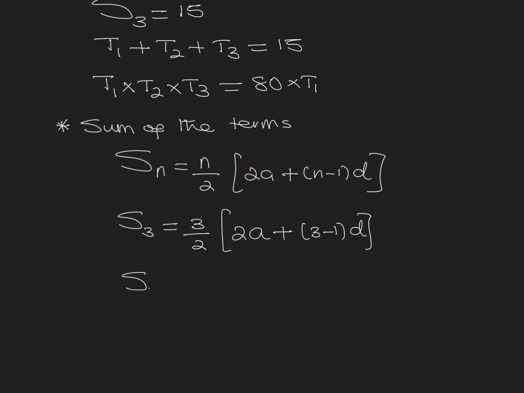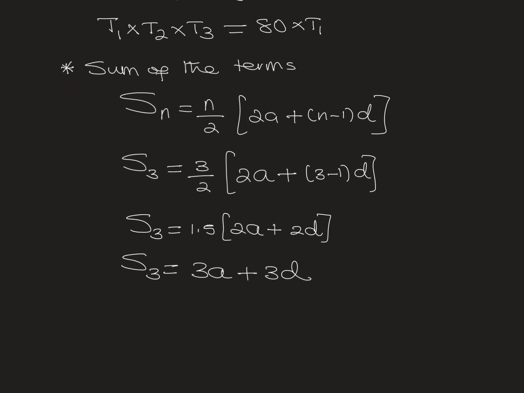So 3 divided by 2 is 1.5. So that will be 1.5 into 2a plus 3 minus 1, which is 2, so that will be 2d. So S sub 3 is equal to 1.5 times 2, which is 3a, plus 1.5 times 2d, which is 3d.